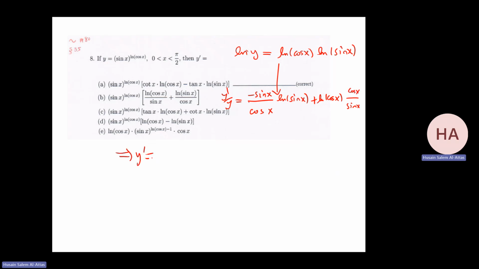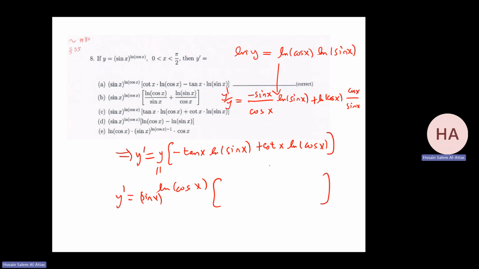So y prime will be y times minus tan x ln sine x plus cotan x ln cosine x. And what is y? Y is sine x to the power ln cosine x. Y prime will be this times this, which is cotan times ln cosine, minus tan times ln sine. Correct.